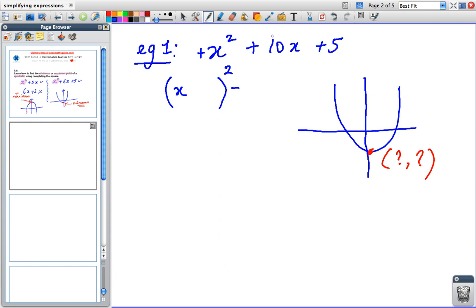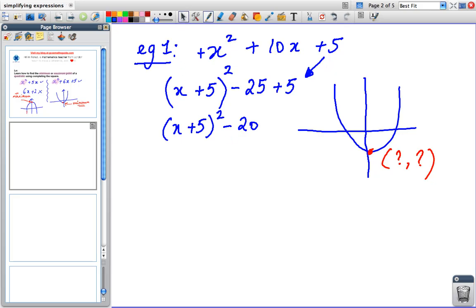Next you halve the 10, which is 5, and then you square the 5. 5 squared is 25, and 25 plus the 5 coming from up here gives me x plus 5 squared minus 20.